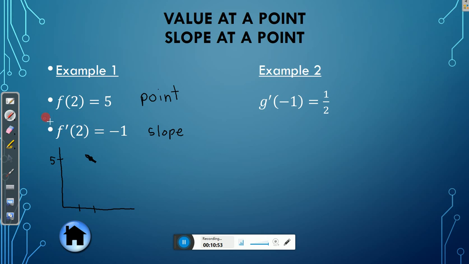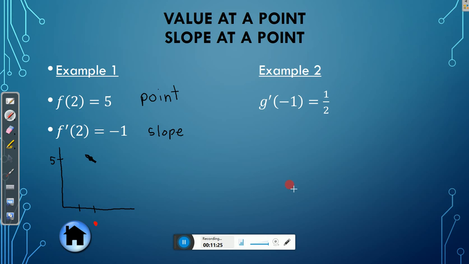So there is an f prime function at the point 2, -1. But it is a different function, a different equation. Do we know what the rest of this looks like? No, because I only gave you these two small pieces of information. All right, so we know the point is at 2, 5, and the slope at that point is -1.